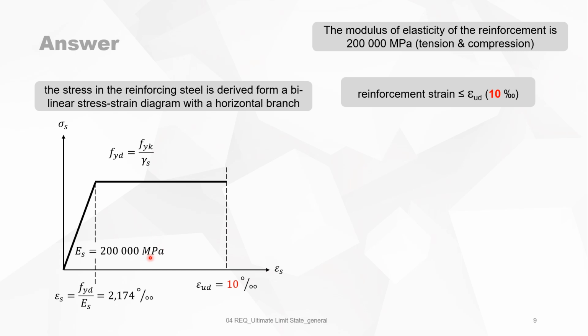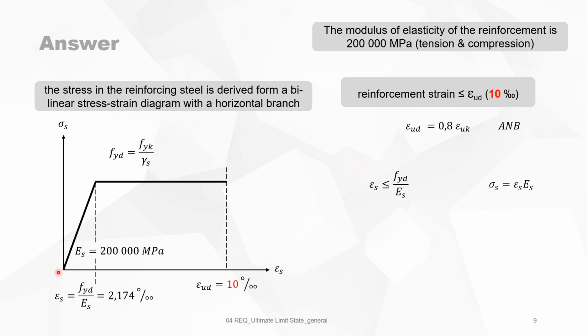And the modulus of elasticity of the steel is 200,000. It is the same in tension as in compression. These are the other two assumptions. In the Belgian annex, epsilon ud is 0.8 times epsilon uk, but we limit it to 10 per mil.